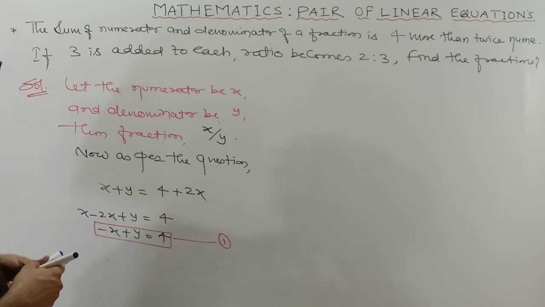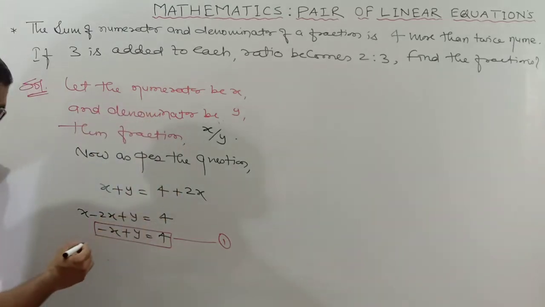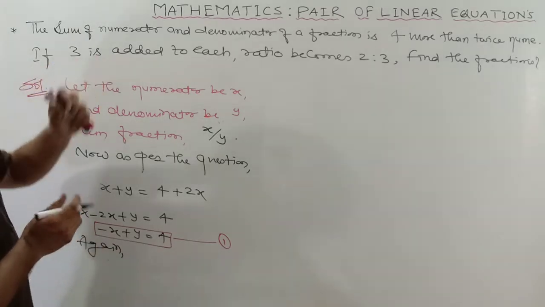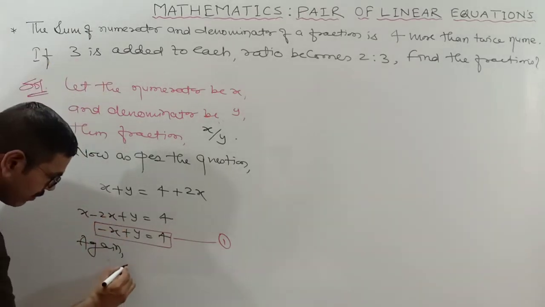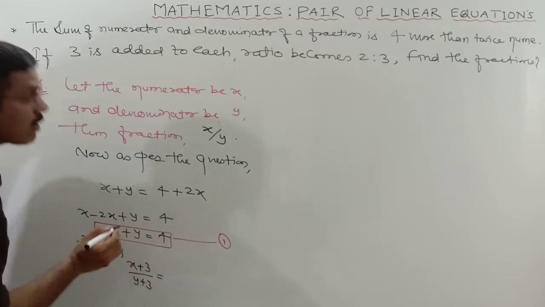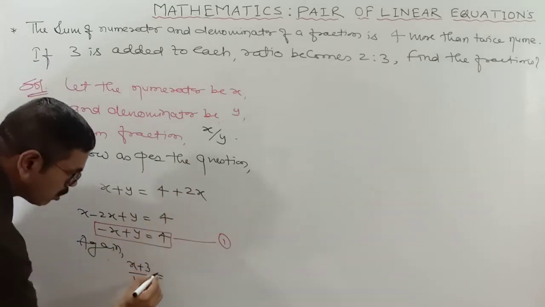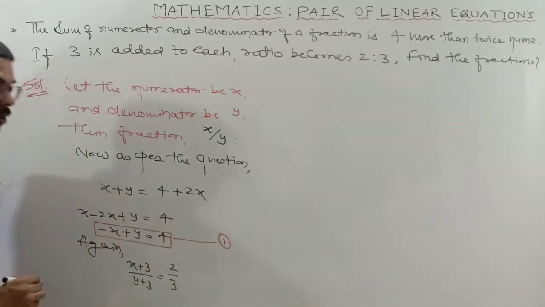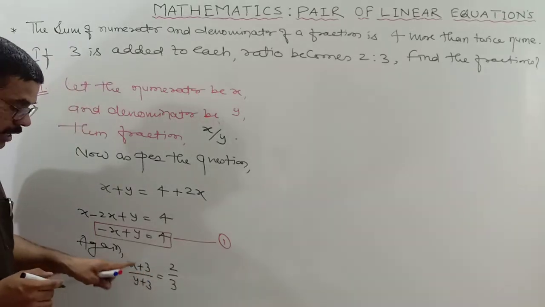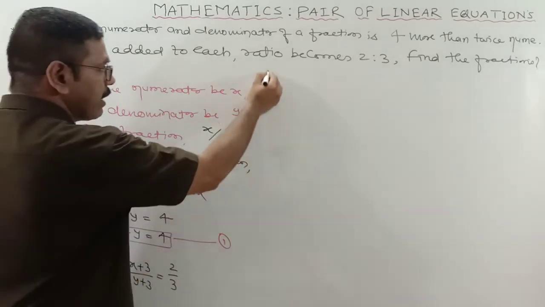Okay. Now we are doing the second one. If 3 is added to each, means x plus 3 upon y plus 3, the ratio becomes 2 is to 3, 2 upon 3. Okay. Now we need to solve this equation by cross multiplying the terms.